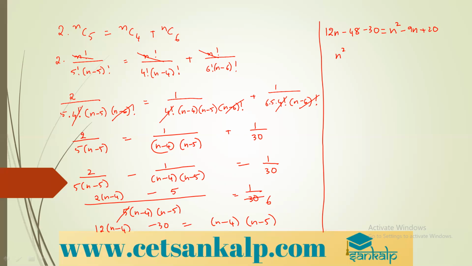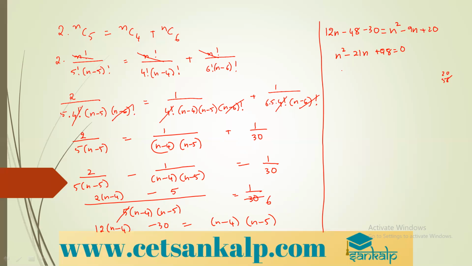So n square minus 9 minus 12, minus 21n. Then I have 20 plus 58. Yes, now I'm getting correct. 28, 20 and 78, I'm getting 98 equal to 0.